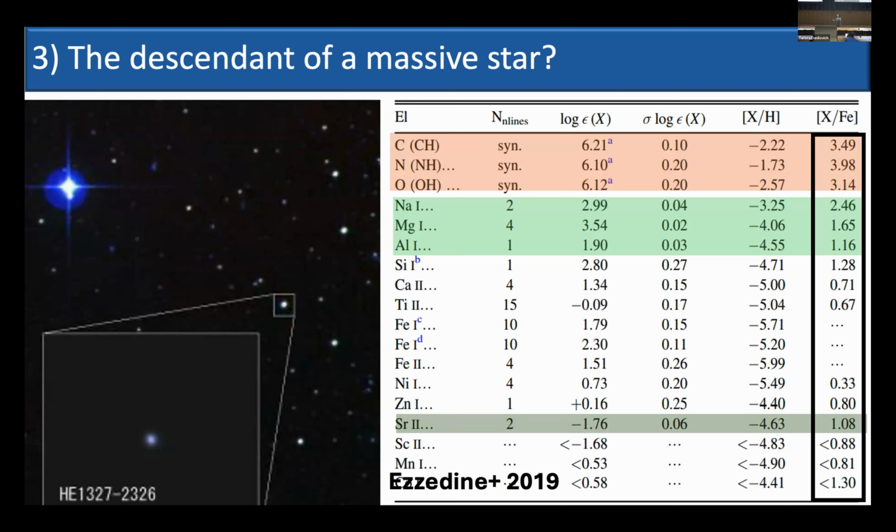So you will always have this pattern, carbon, nitrogen, oxygen versus iron. Very huge. Then what we call the light element slide, sodium, magnesium, and aluminum, very high and decreasing. And then let's look down there, the presence of strontium, 10 times more compared to iron than in the sun.